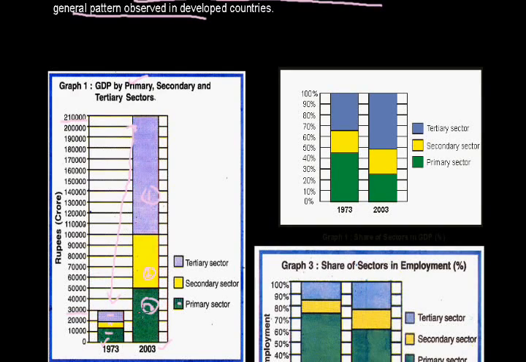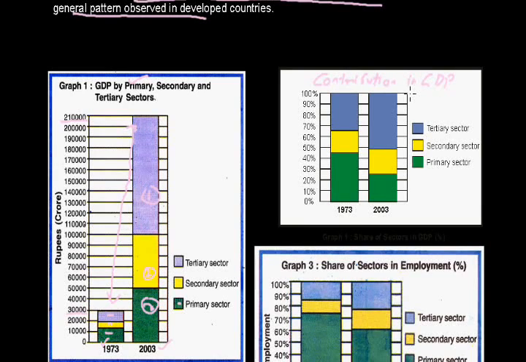Earlier the tertiary sector was standing at the second number as far as the contribution was concerned. Now it is the number 1 contributor. If we come to the next graph, this one is the contribution in GDP.